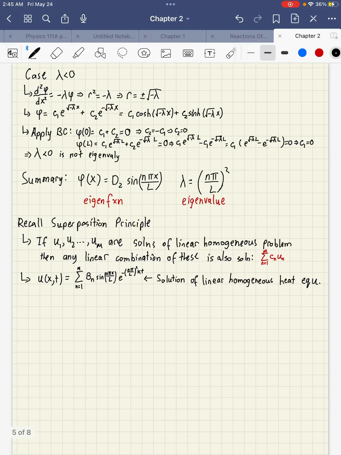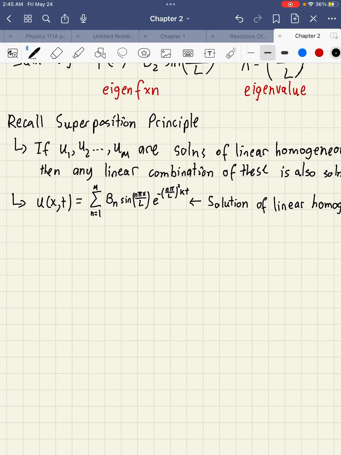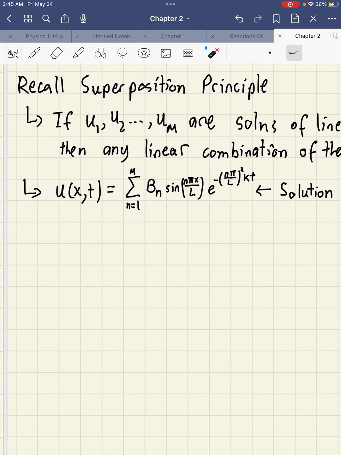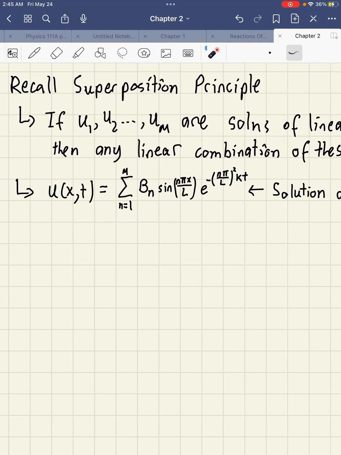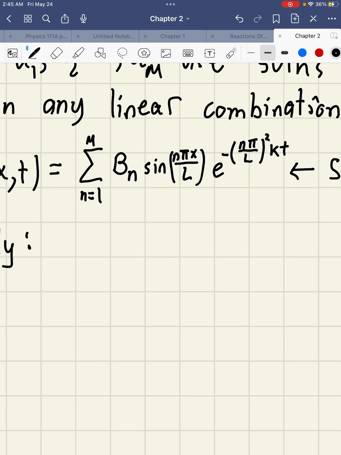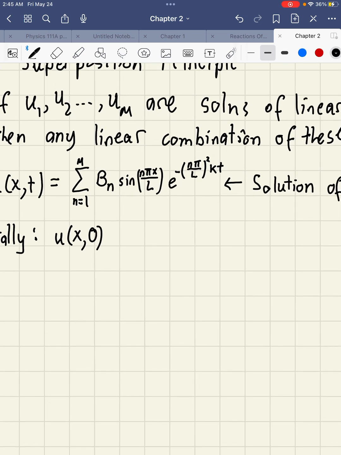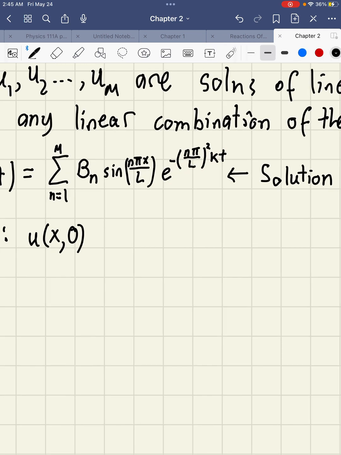Now, since this b_n is not unique, because they can be any arbitrary constant, we must satisfy our initial condition. Therefore, applying the initial condition, at t equal to 0 my time dependent part goes away because e to the 0 is 1.